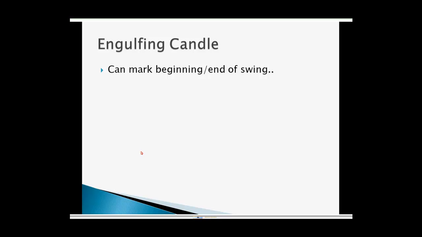Again, it can mark the beginning or the end of a swing depending on where it happens, or the continuation of a swing. I don't think I'll have time to go through that today, but that's an important part of my strategies. Not just trying to pick off the first 2 to 5 or 7% of a swing, but also the middle part of a swing.